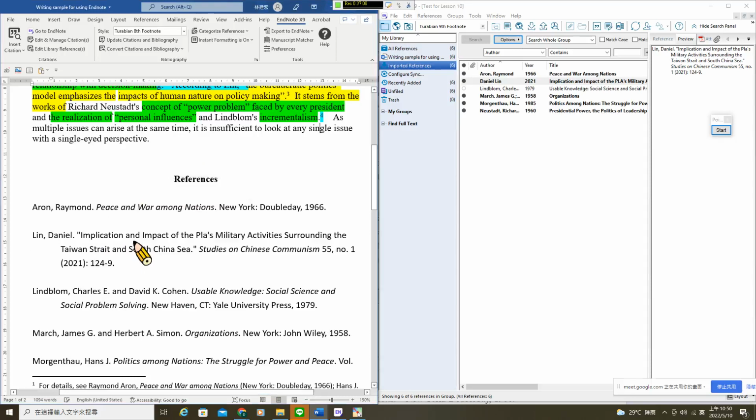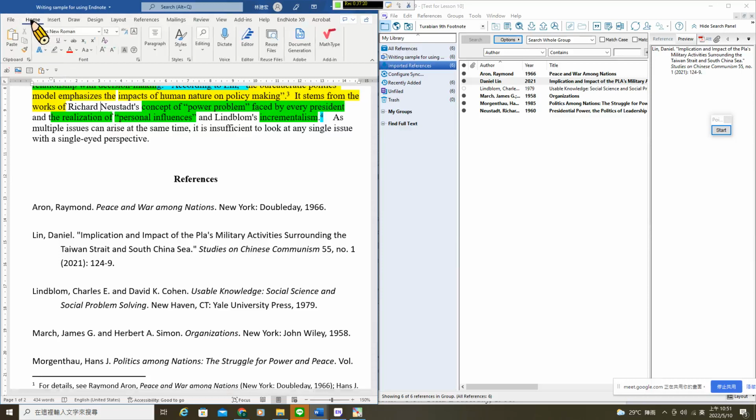So this is the format we need. And let's take a look at the font here. Did you notice the font is different between these two? Okay, let me come here. This one is Times New Roman. And this one is not. It is Calibri. Calibri is good for presentation, but not really good for written words.